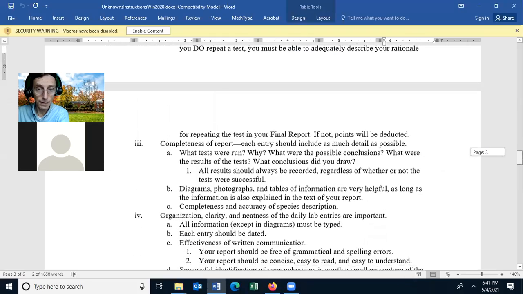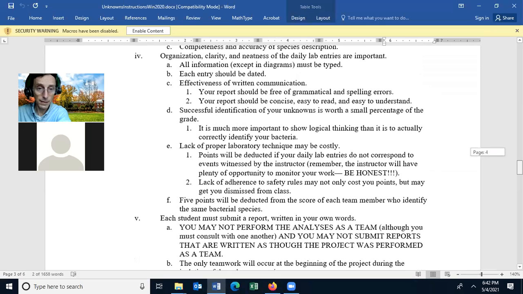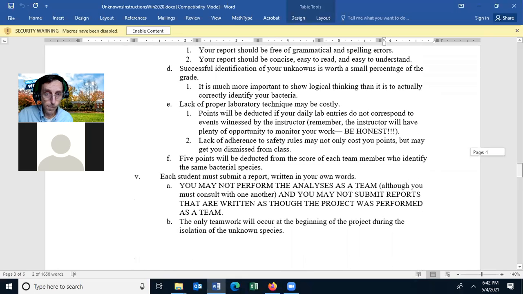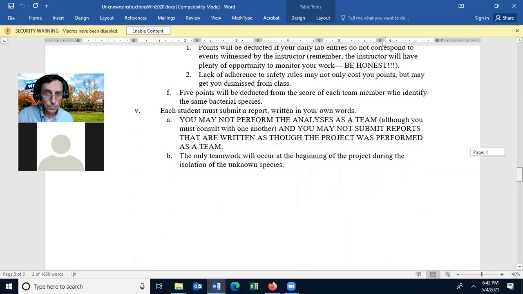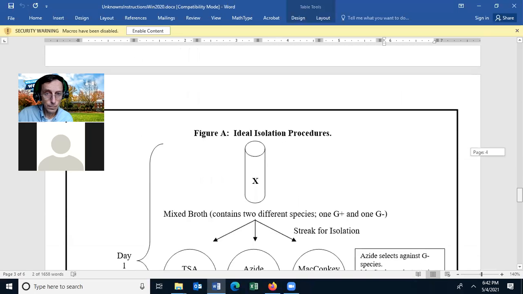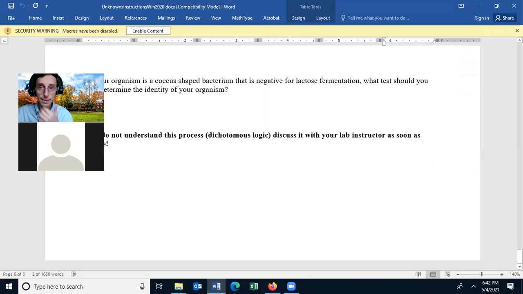I'll show you that in a little bit more detail. You can read about it here, but I'm going to show you the rubric I'll use for grading the paper. All right, that's about it.